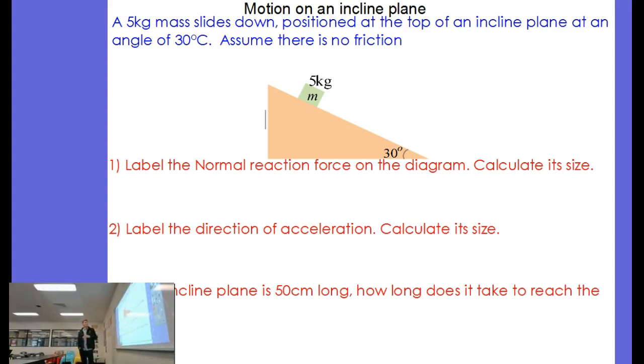Alright, a 5 kilogram mass slides down. Okay, positioned at the top of an inclined plane at an angle of 30 degrees. Assume no friction.